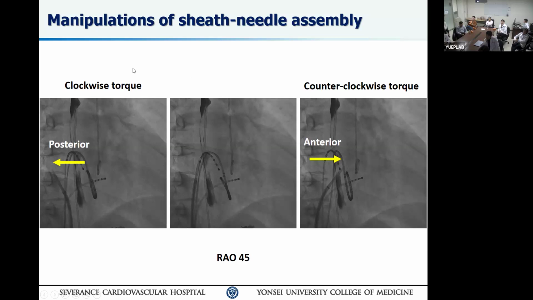So you should apply clockwise torque to get the septal puncture apparatus in the posterior side, and you have to apply counterclockwise torque to puncture the anterior side.